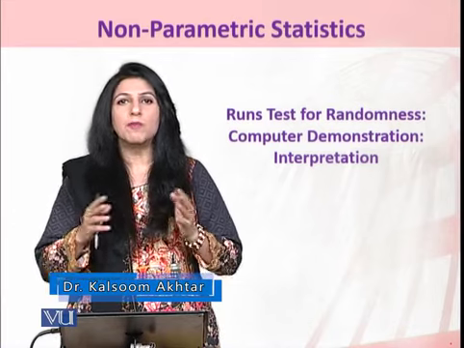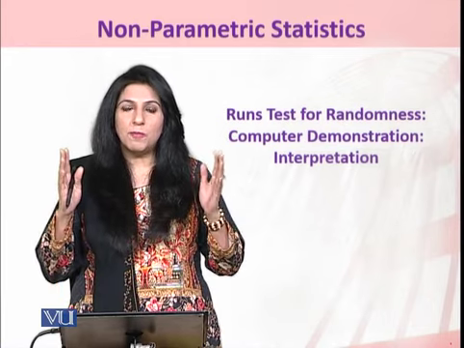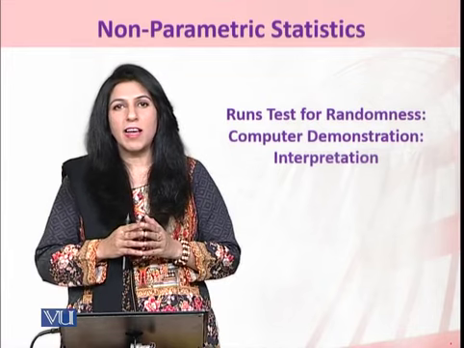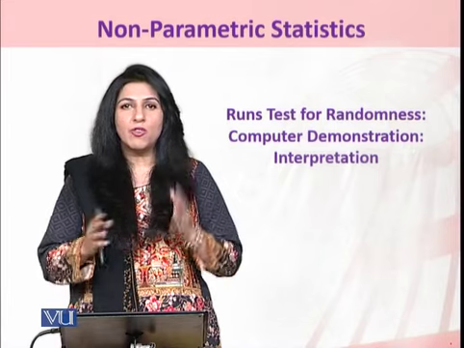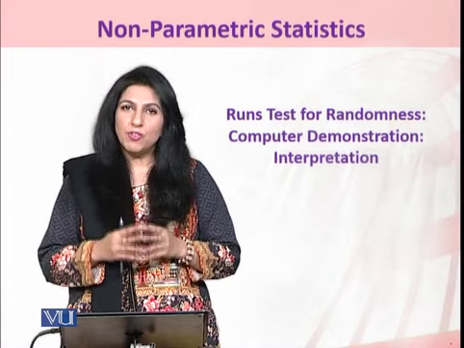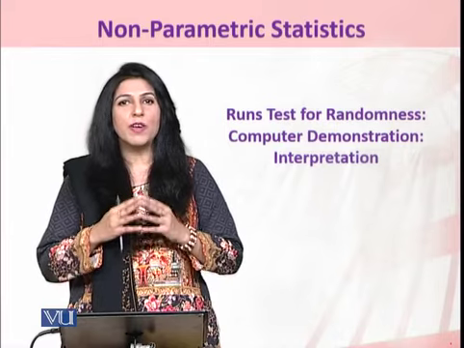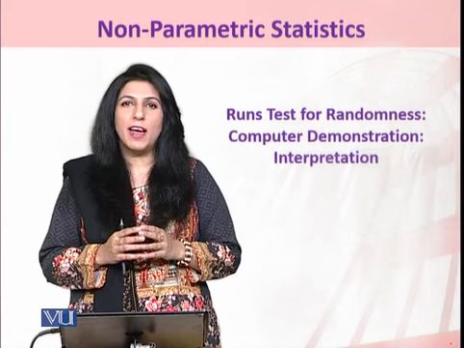Once you have applied the procedure, SPSS would provide you with the particular output under the runs test through the output window. You would make use of the p-value that will be provided to you, and by making use of that, you would be able to accept or reject your null hypothesis on the basis of the evidence you have.